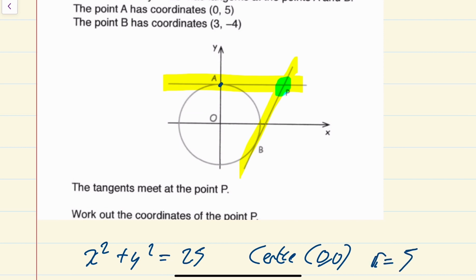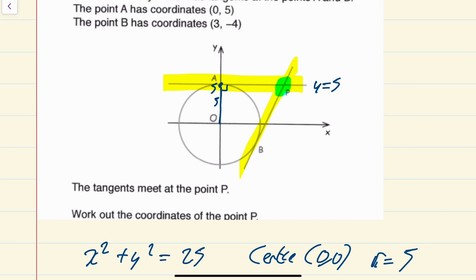So at (0, 5), this is where we are. My radius is going straight up because I've gone 5 up, so the tangent is perpendicular to it. If it's going through this point, this is just y equals 5. So that's how this person who asked me this question managed to get y equals 5.